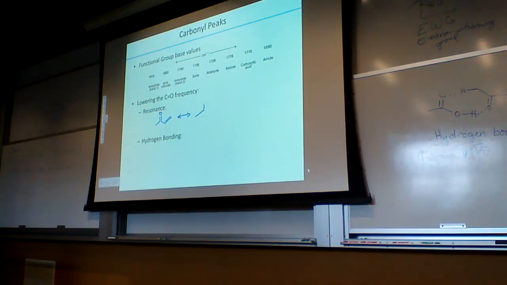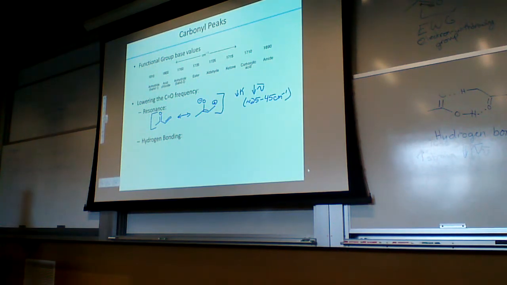And we can draw the resonance form where we put the negative charge on the oxygen, positive charge out here on the carbon. This is a very common resonance form. And it's going to, again, lower the force constant, which lowers the stretching frequency. And this can be by anywhere from 25 to 45 centimeters to the minus 1.